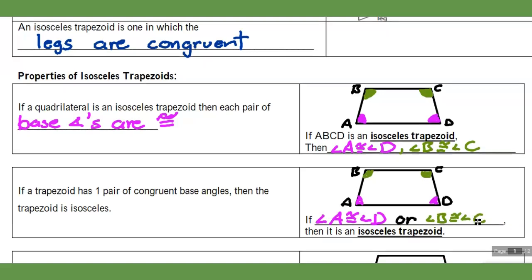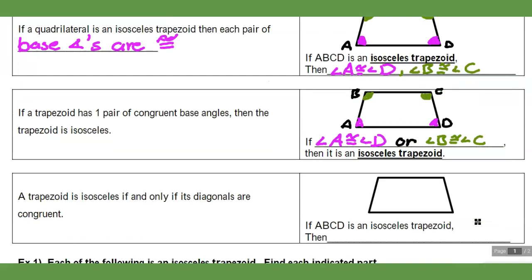Okay. There we go. And lastly, we're going to talk about the diagonals. So going back to diagonals like we did with rhombi and rectangles, kites. Talking about diagonals, there's always theorems of diagonals. Sometimes they're congruent, sometimes they're perpendicular. For those of an isosceles trapezoid, the diagonals are congruent. Okay.